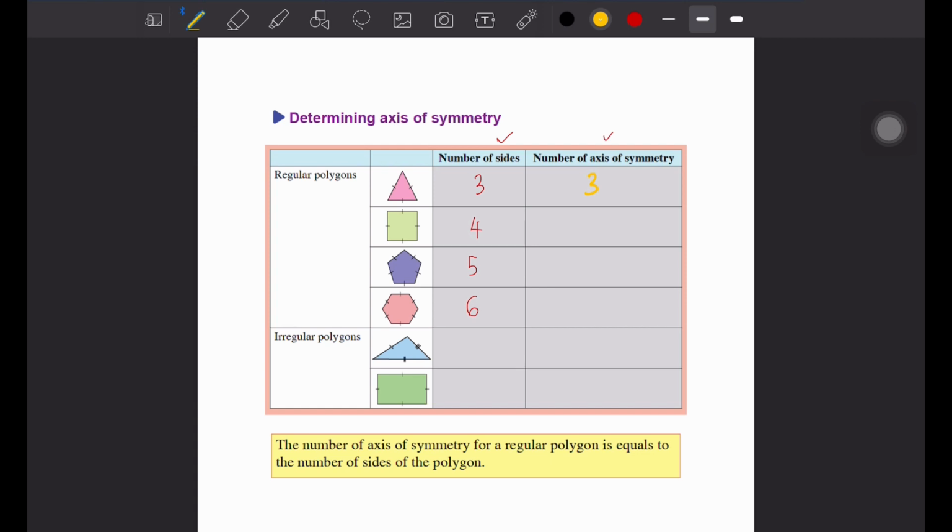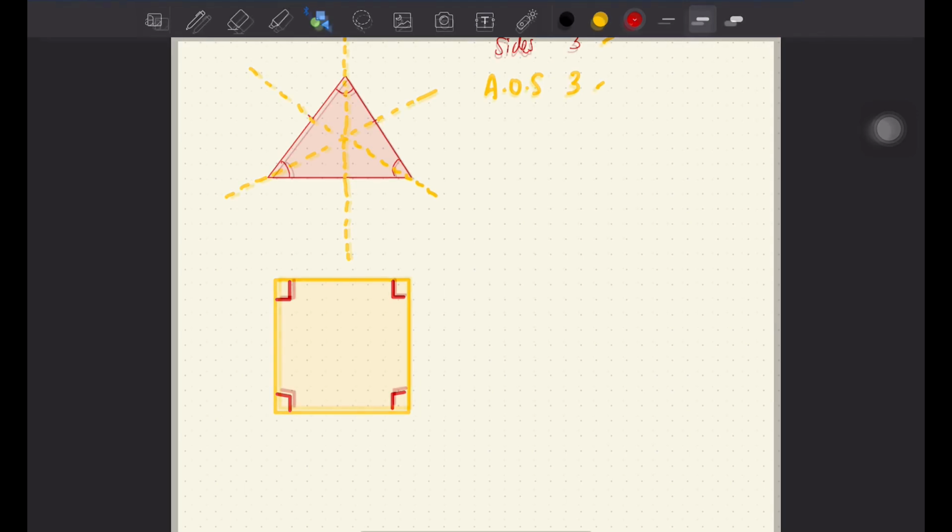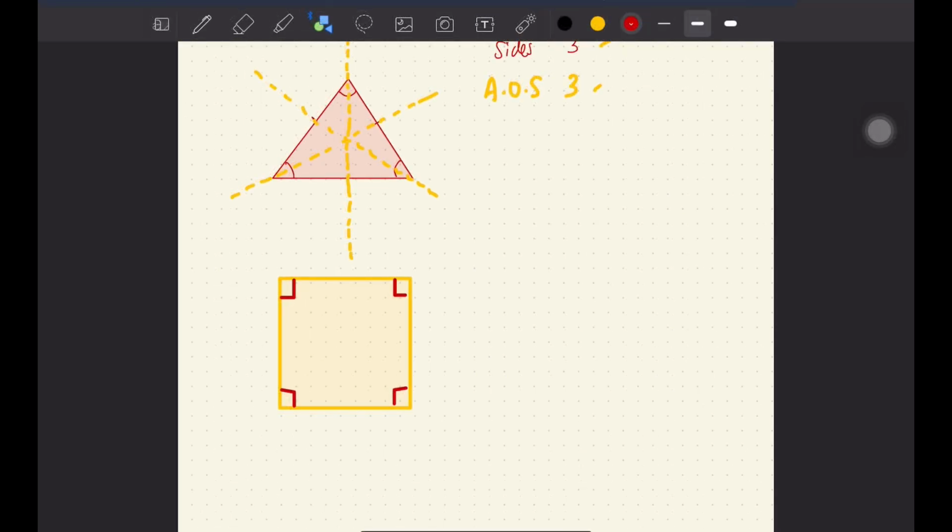Okay, next, square. What if I have a square? We have 90 degrees, 90 degrees, 90 degrees, 90 degrees. Let's draw the axes of symmetry. Which lines can we fold in two?